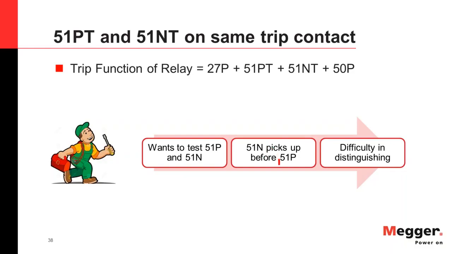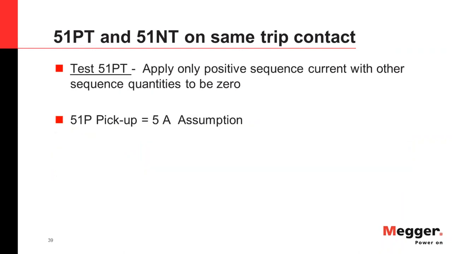And in that case, I will have a low value of 51N pickup in the relay most of the time when compared to the 51P element. So he was not able to do his test because he was doing a single phase test, and he was always failing. He was not able to reach the 51P, although he was able to test 51N. So if he had known the concept of symmetrical components, what he could have done is this thing.